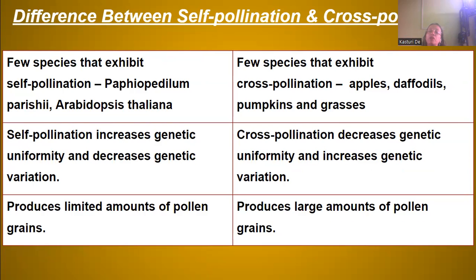In cross-pollination, it's just the opposite: it decreases genetic uniformity and increases genetic variation. Self-pollination produces limited amounts of pollen grains, whereas cross-pollination produces large amounts of pollen grains, because they have to depend on pollinating agents.